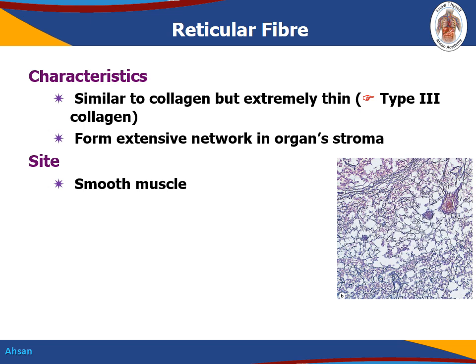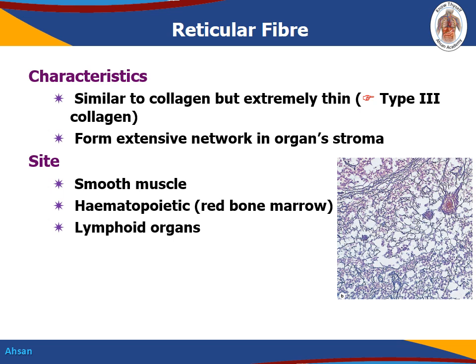This is especially present around the smooth muscle cells. Hemopoietic tissue means red bone marrow. Also in the stroma of the lymphoid organs, forming this network.